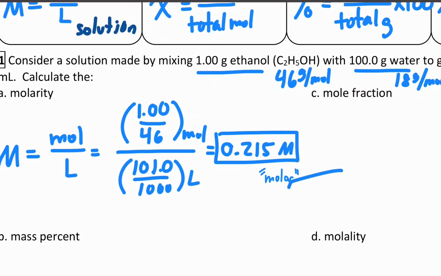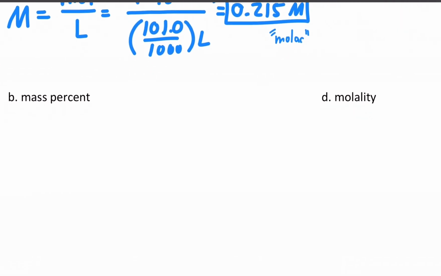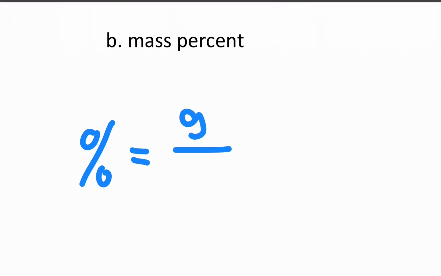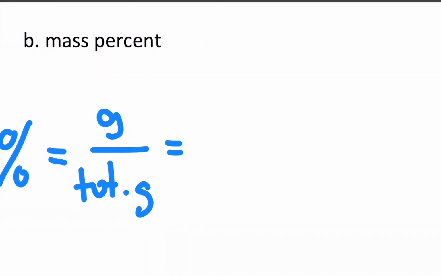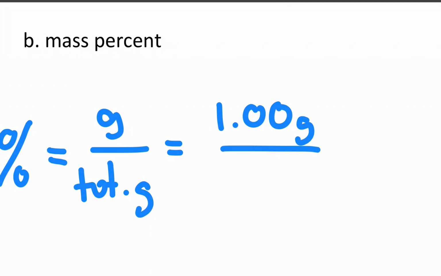Let's check out mass percent right below it. Let's try that, part B. The mass percent would be the grams of the ethanol divided by the total grams. And if I look up above, I have 1.00 gram of ethanol. Masses are additive, so 100 plus 1 is 101.